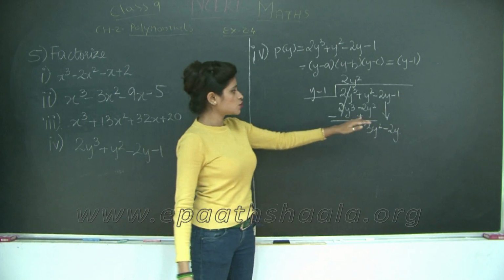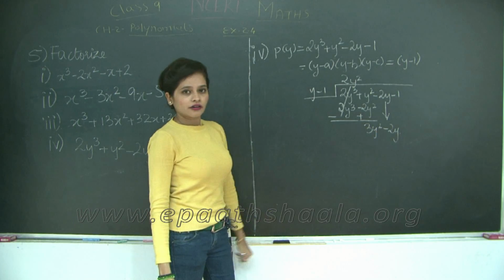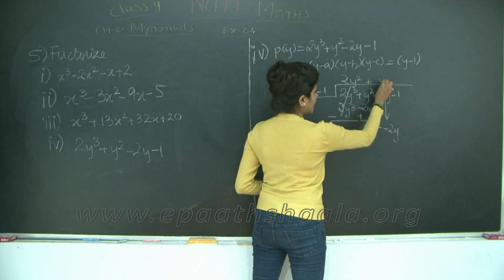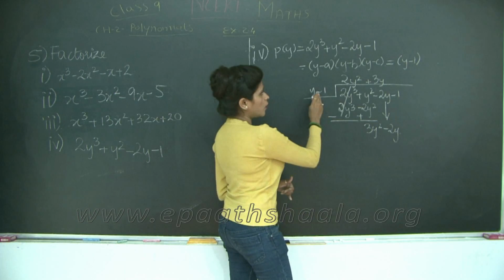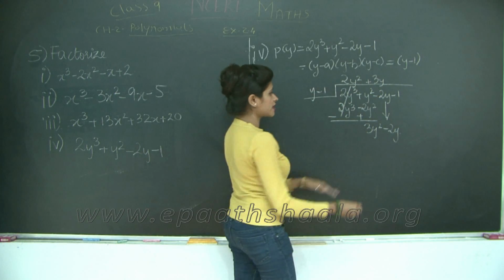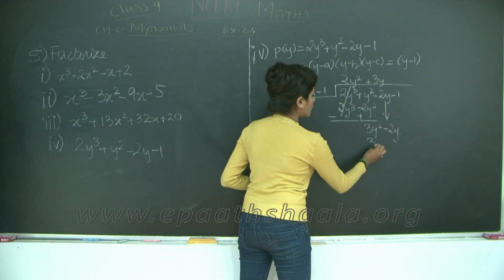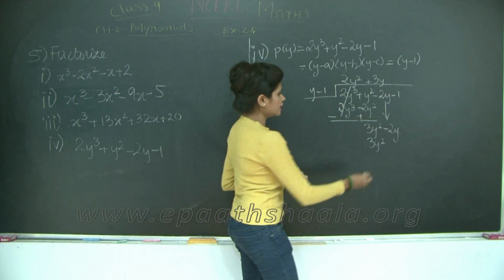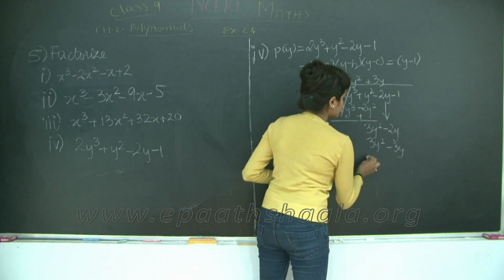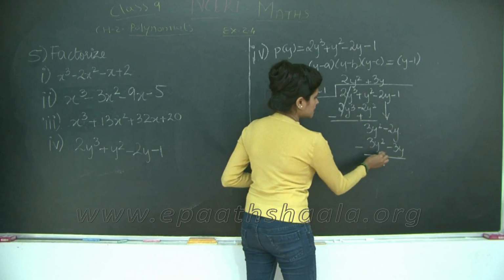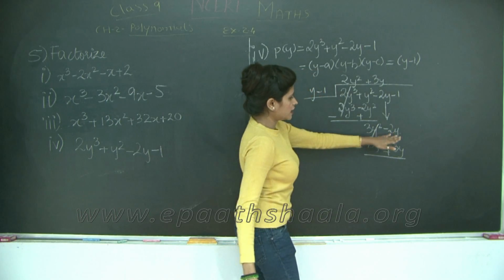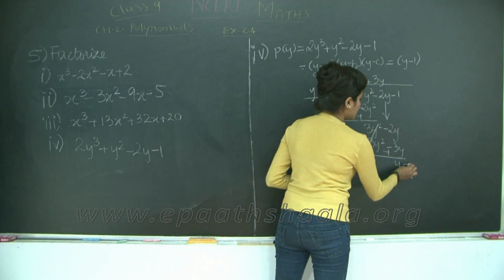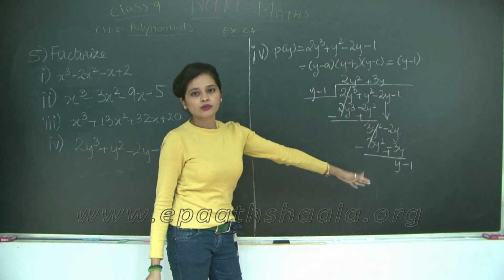Now y minus 1 into what will give me 3y square as my first term? So clearly for the variable I have y and 3. So 3y. y minus 1 into 3y will give me 3y square as my first term. So I get 3y square plus 3y into minus 1 gives me minus 3y. Right? So minus and plus. Minus 2y plus 3y gives me 1y, which is nothing but y, and minus 1. y minus 1 into what will give me y minus 1?